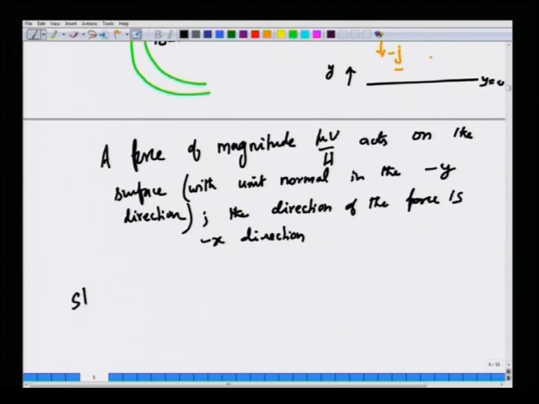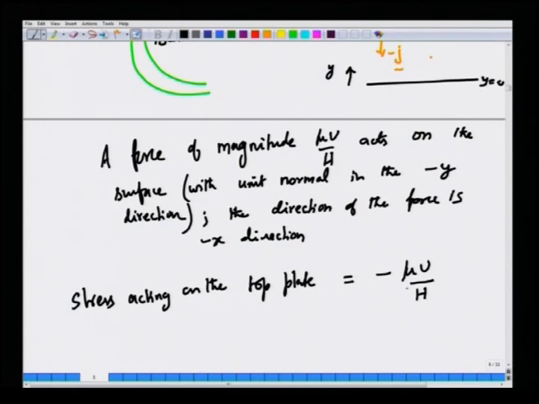So, the stress acting on the top plate is minus mu u by h, because we have to take the sign also into account. The direction of the force is minus x direction.